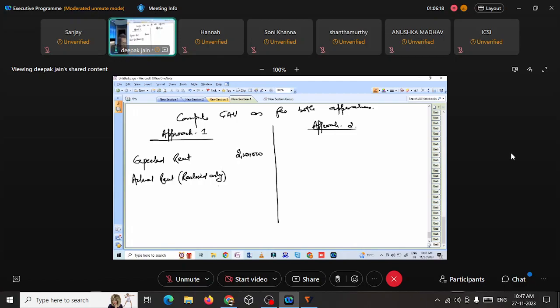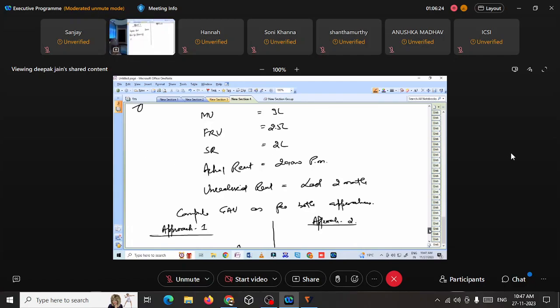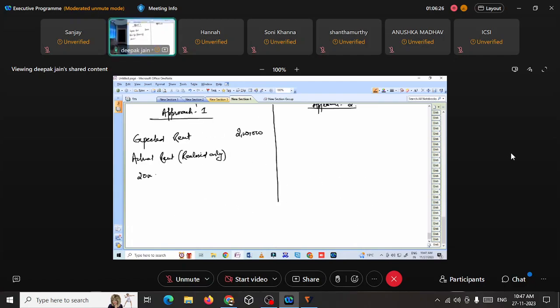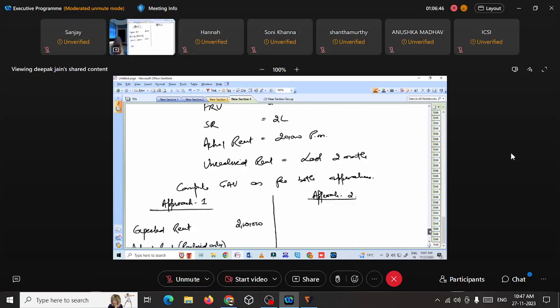So my actual rent is 20,000 into 12 minus 2 months unrealized. It means 10 months' rent is realized only. This one is 2 lakh. So whichever is higher is the GAV. This one is 2 lakh.